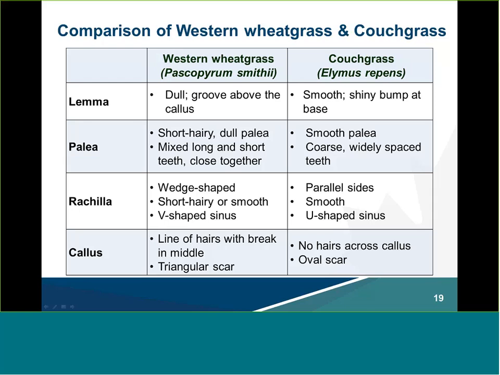And the scar shape, again, can be a little bit variable, but with all of these put together, you folks should have no problem with your practicing. Just give a few more seconds. Just jot down those major things: groove versus bump, dull versus smooth, teeth, shape of the rachilla, and callus. There's a few features that are pretty good to tell them apart.